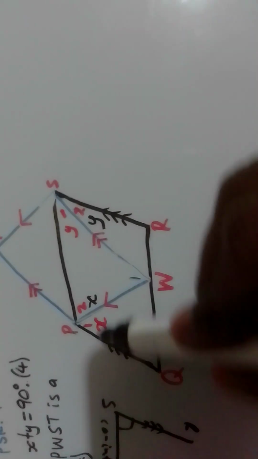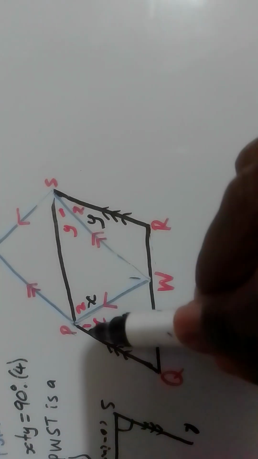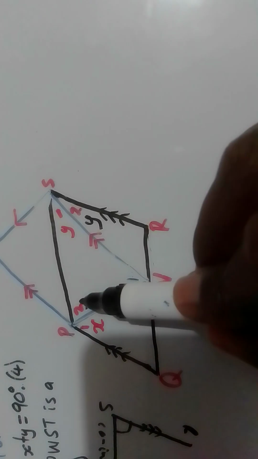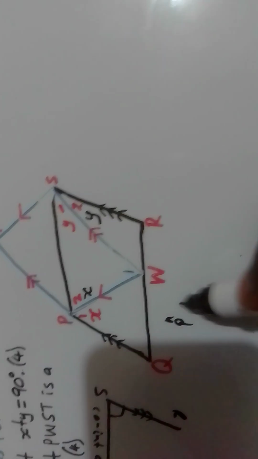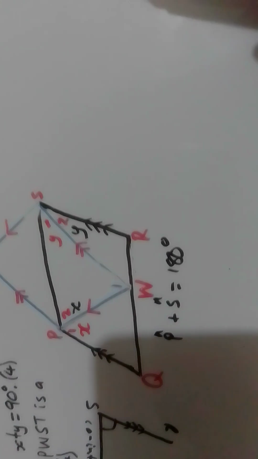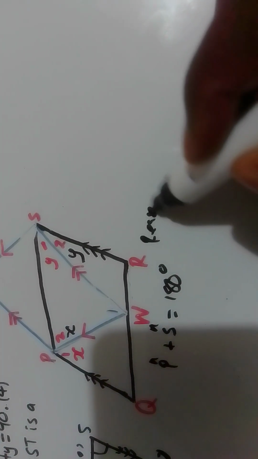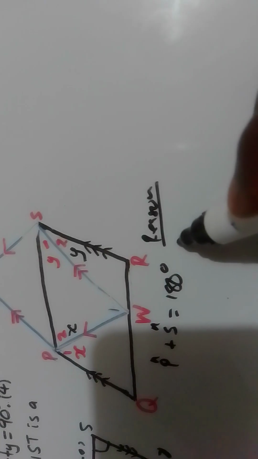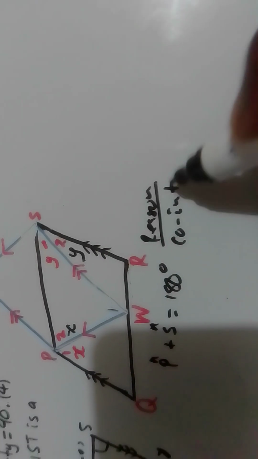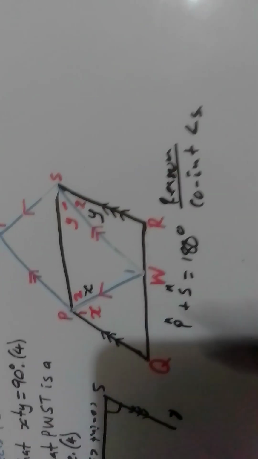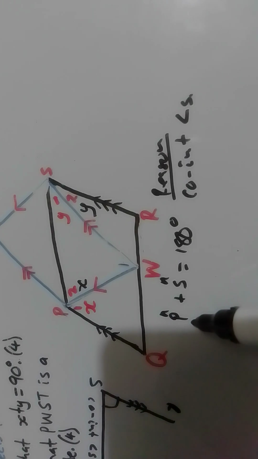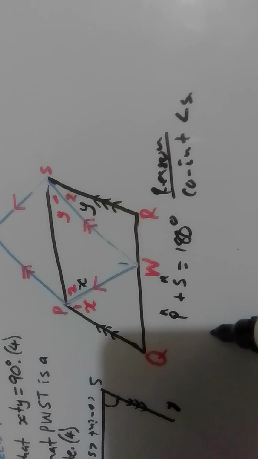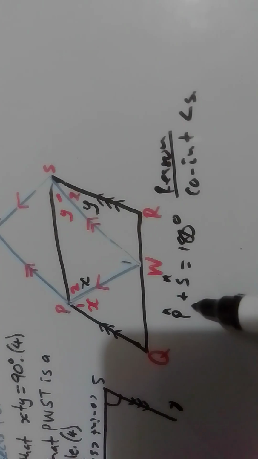Now I'm going to say this angle P has been divided into two, so I'm going to say X plus X. So I will tell the examiner that angle P plus angle S is equal to 180 degrees, and my reason is that I've got co-interior angles. Now, I think I made a mistake.